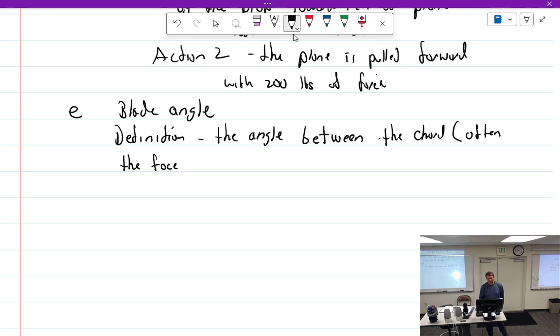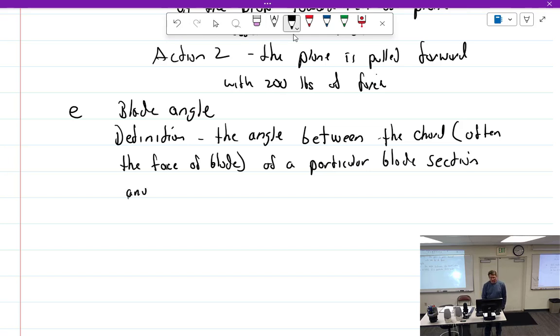Why would it be the face of the blade? Because it's flat. And it makes a really nice flat surface to do it. So often the face of the blade of a particular blade section, and the plane of rotation.